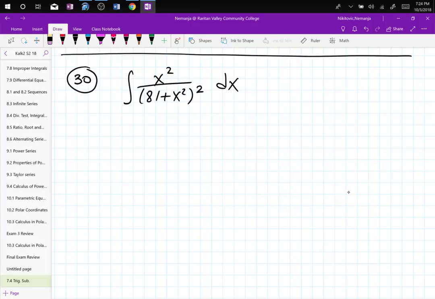No. Except this one, right? Yeah. No. Come on, Calc 1. I know you're Calc 2. Come on, Calc 1. You suck.